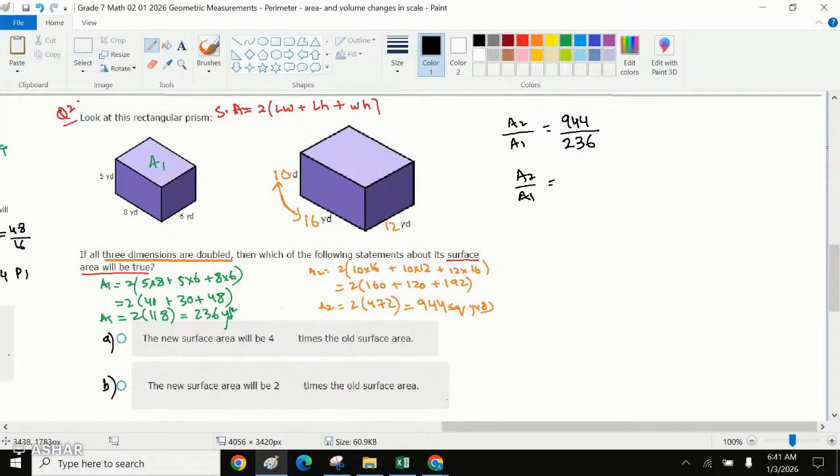It comes out to be, sorry, area 1, 4 times. So can we say area 2 is 4 times of area 1? Agreed, right? That means, yes, option A was correct.